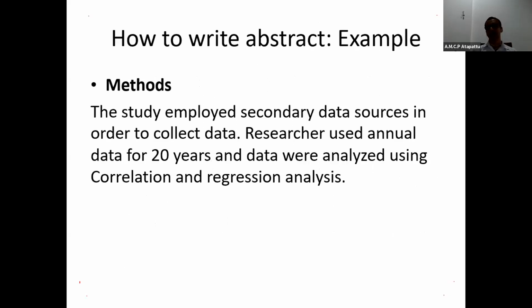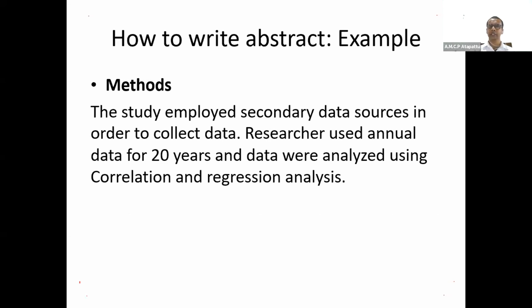Then the methods. The study employed secondary data sources in order to collect data. If you are using a questionnaire, most probably in social and management studies, then you are using primary data, using questionnaire or interview. That method you include.